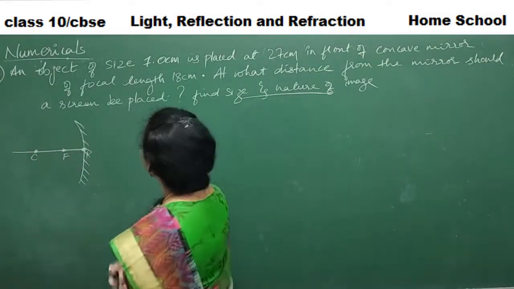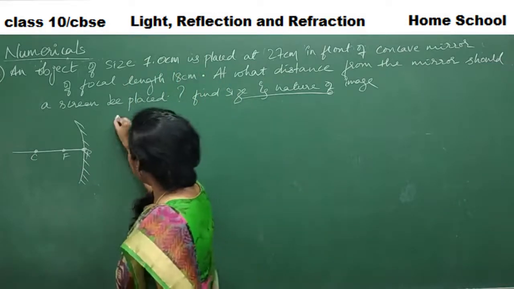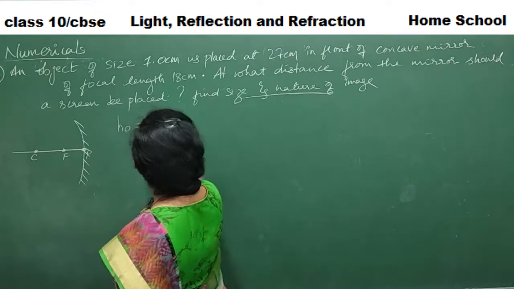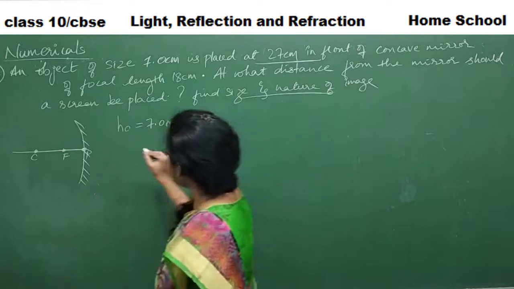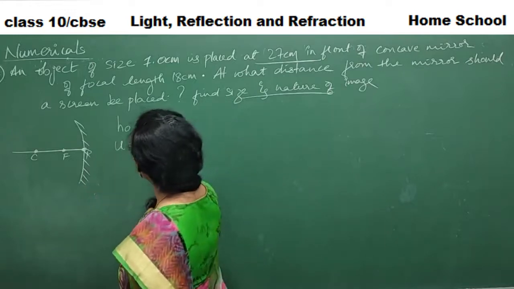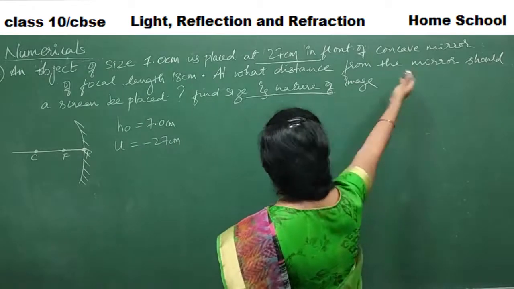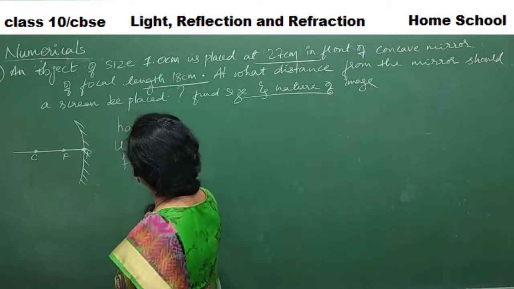Clear? Fine. So object of size 7 centimeter, that means HO, height of the object, is given as 7 centimeter. And that object is placed at a distance of 27 centimeter, that is U is equal to minus 27 centimeter. And the focal length is 18 centimeter.